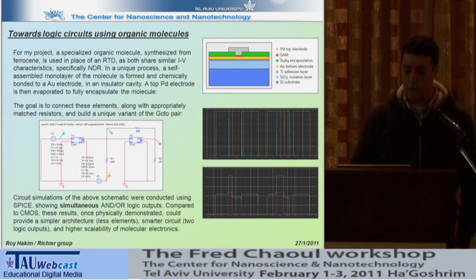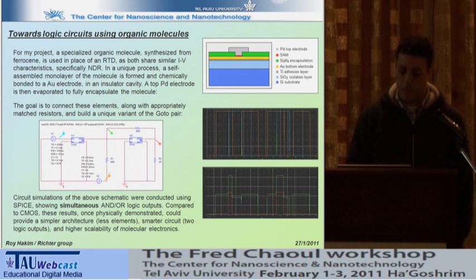Like I said, these are made of an organic molecule that has adsorption preference to gold, and using self-assembly, I use a monolayer of this molecule for my circuits. For more information, you can see my poster.